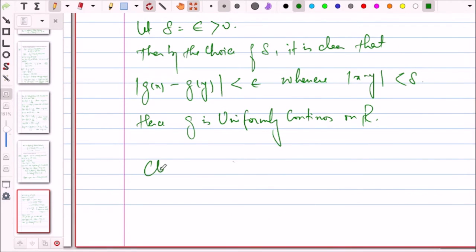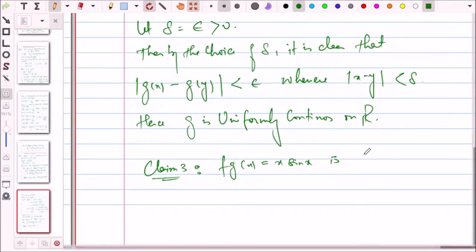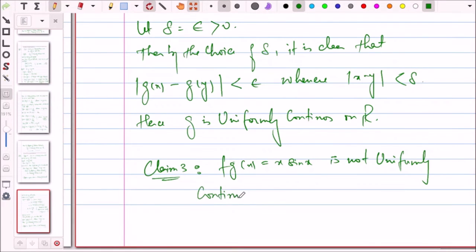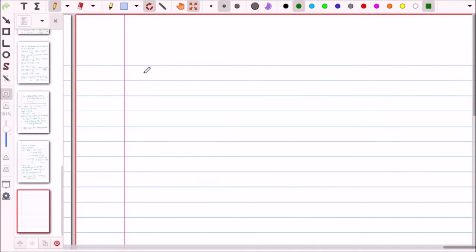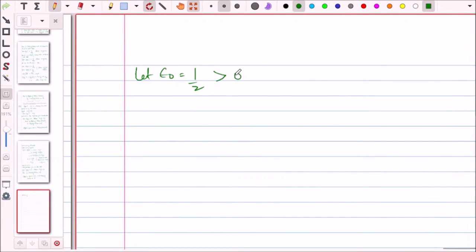So claim 3: fg(x) = x sin x is not uniformly continuous on R. So we will have to take two sequences. Let ε0 = 1, or we can take 1/2 to be on the safer side, greater than 0.